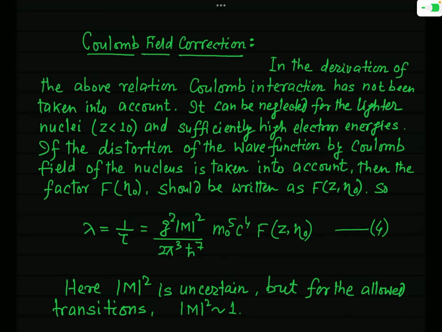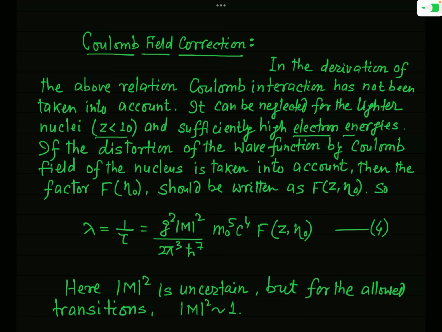In fact, you can neglect this Coulombian interaction, but only when the nuclei are very light, that is, if the atomic number of the nucleus is less than 10, and at the same time the electrons emitted are sufficiently energetic. In that condition, Coulombian interaction can be neglected.